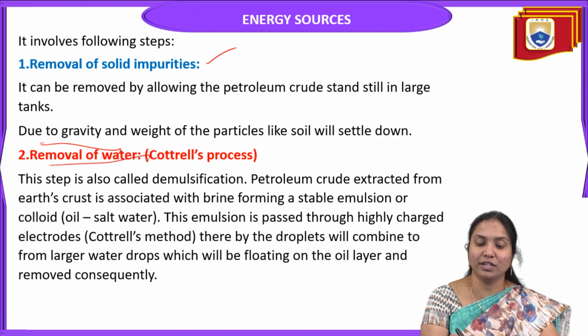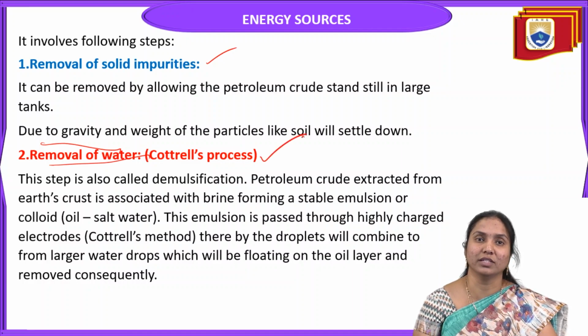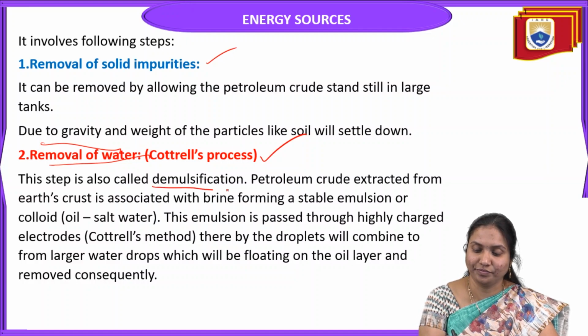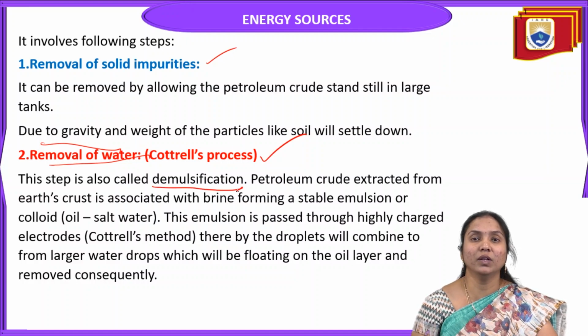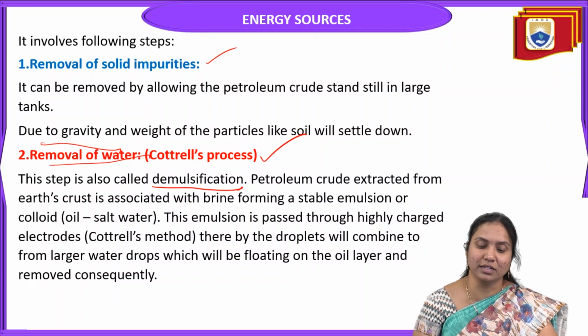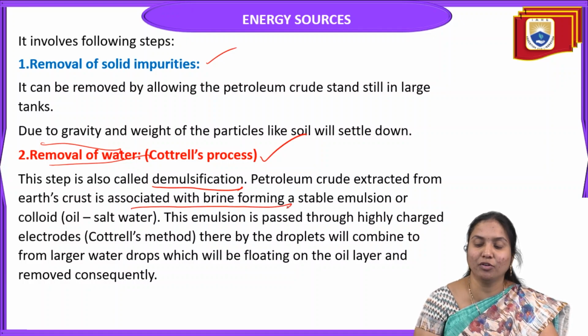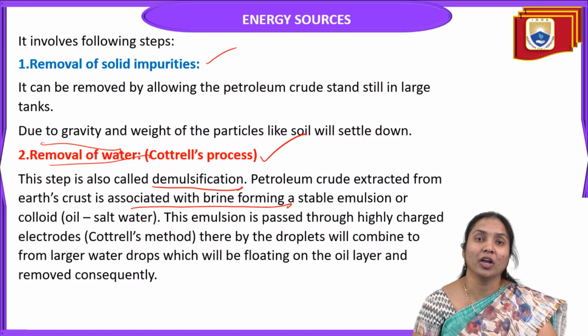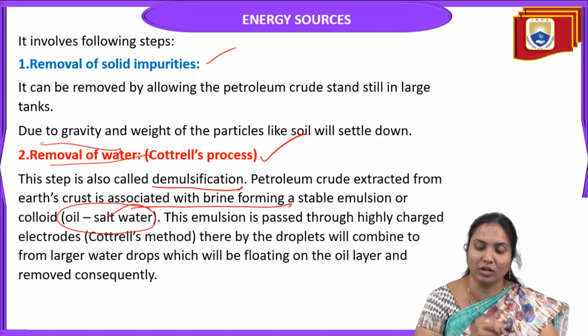And the second step is removal of water. It is also called Cottrell's process. This step is also called demulsification. Here, petroleum crude extracted from the earth's crust is associated with brine, forming a stable emulsion or colloid, that means oil and salt water.